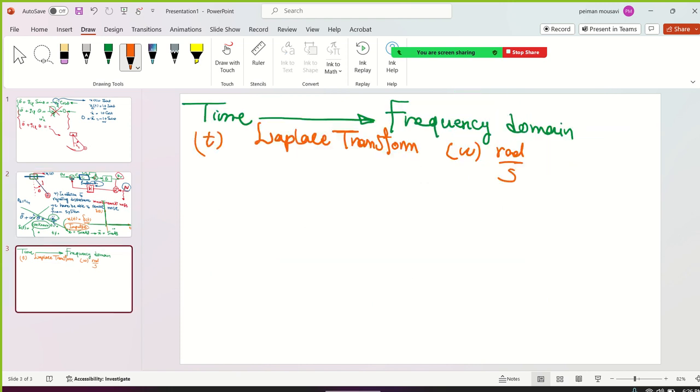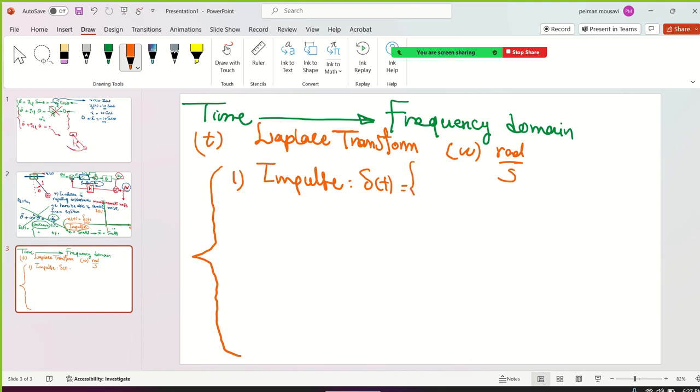Okay, input. So we have 4 important inputs to the system. For any system we have to deal with impulse, as I showed you, which is delta of t. Its definition is unknown when time is 0 and 0 when time is not 0.